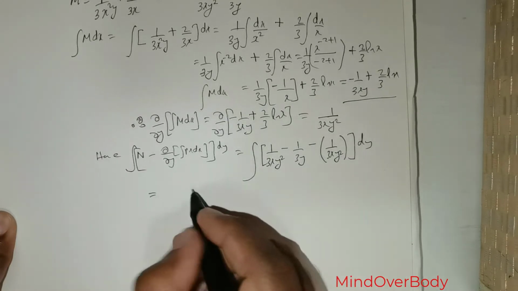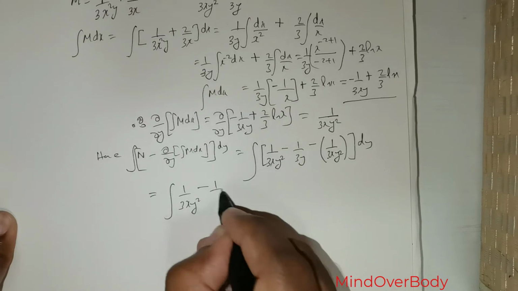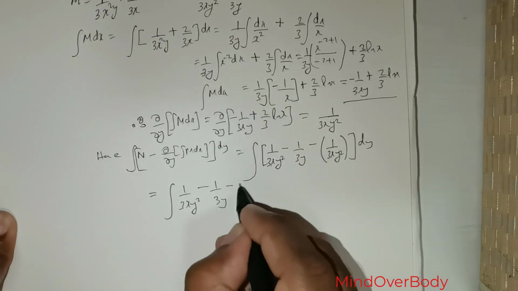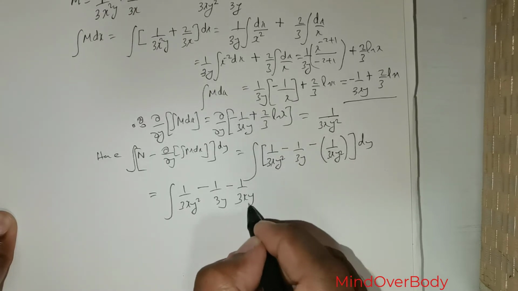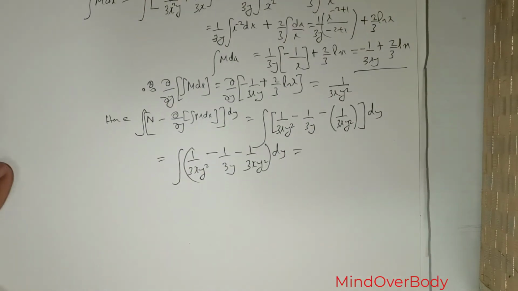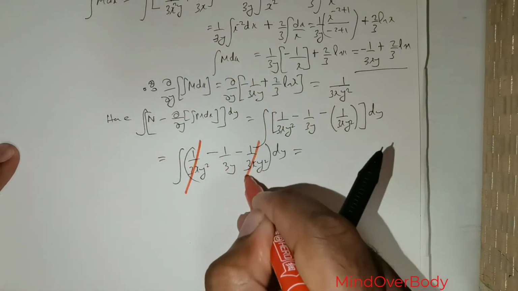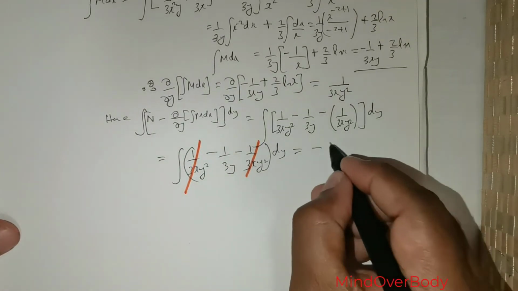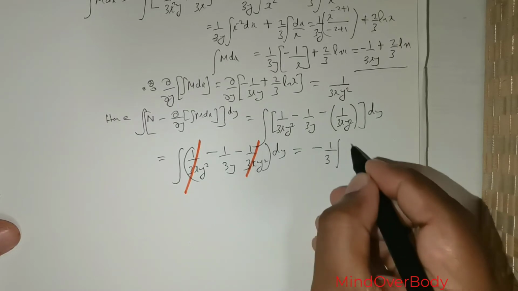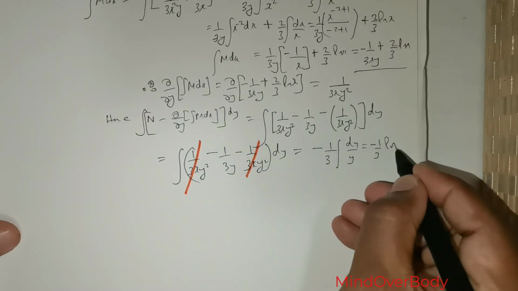I can rewrite that as integral 1 over 3 times x y squared, negative 1 over 3 y, negative 1 over 3 times x y squared times dy, which is equal to, I can clearly cancel the positive with the negative, giving me 1 over 3 times integral dy over y, which is negative 1 over 3 ln y.